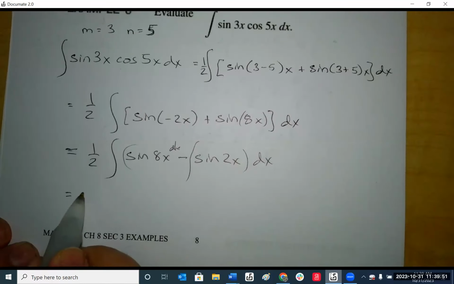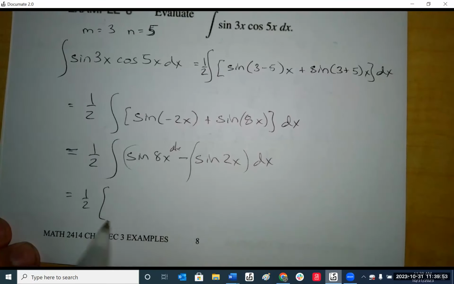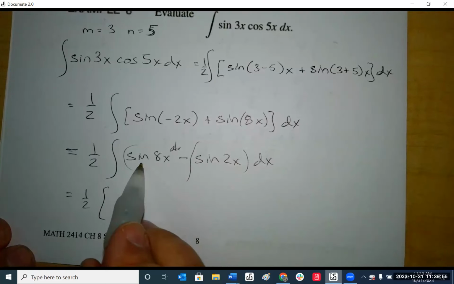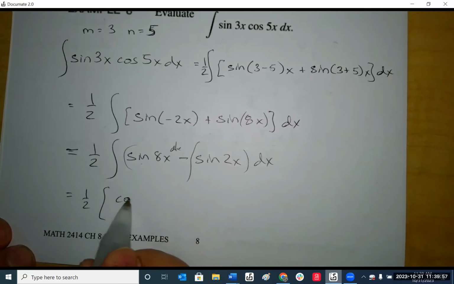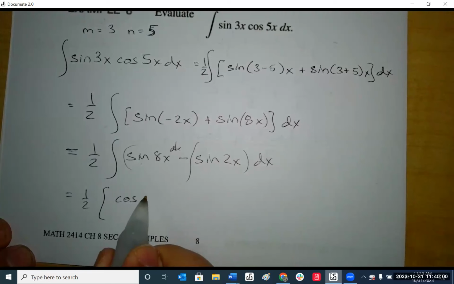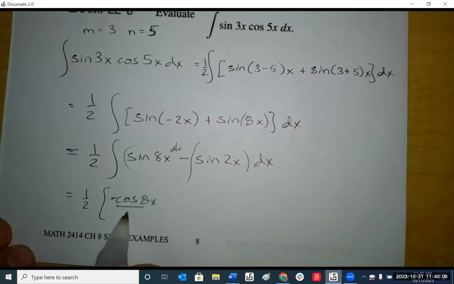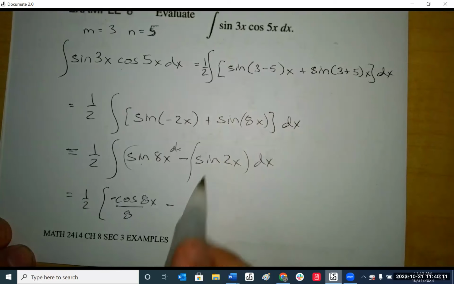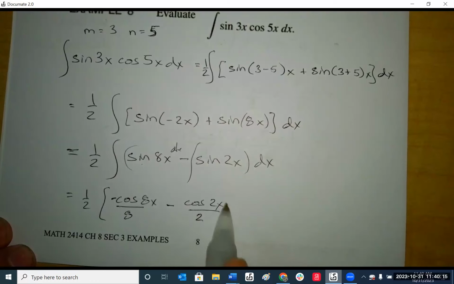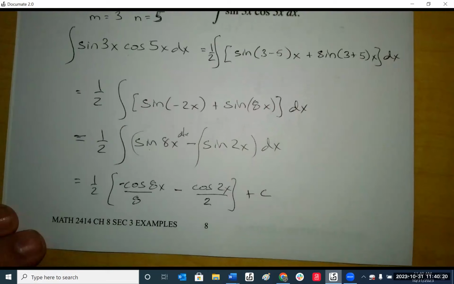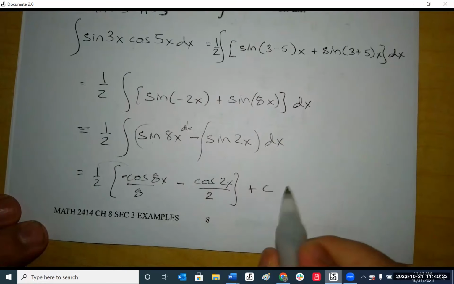We'll take both of these separately. The integral of sine of ax is negative cosine ax over a. So the integral of sine 8x is negative cosine 8x over 8, and the integral of sine 2x is negative cosine 2x over 2, plus c. Distribute that in there.